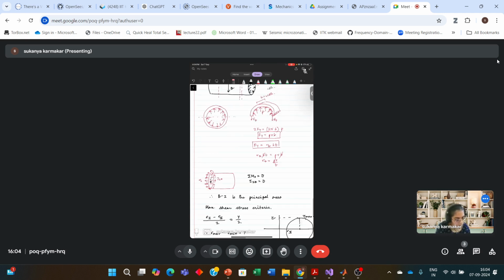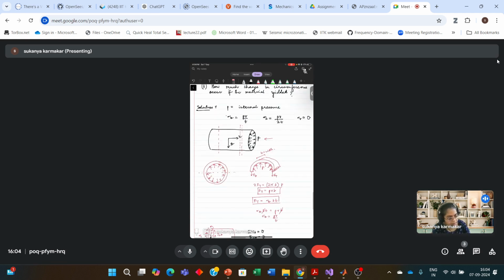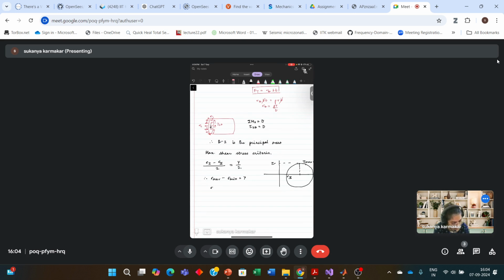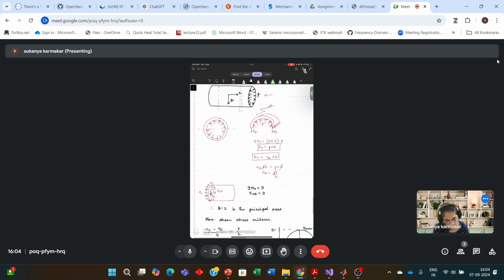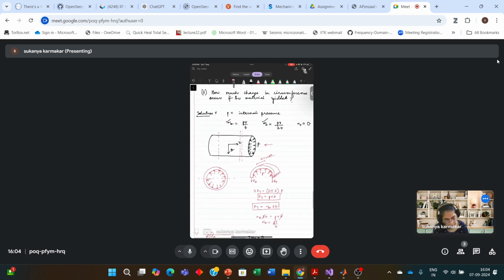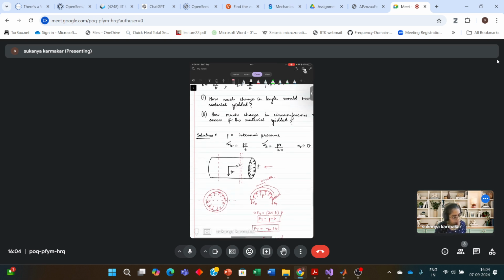Now we know sigma max is equal to sigma theta, sigma min is equal to sigma z. Sigma max is equal to sigma theta, sigma min is equal to sigma z. Minor principal stress.